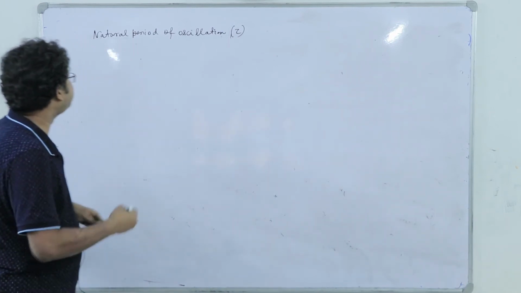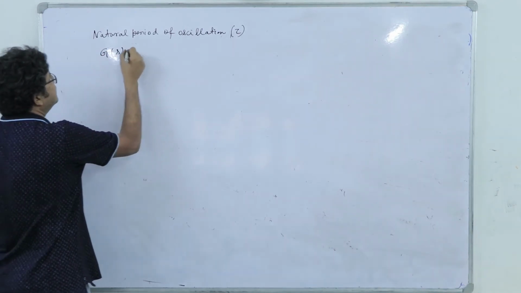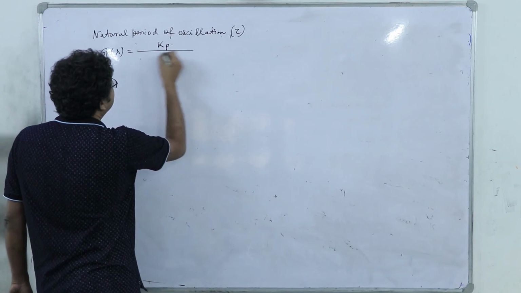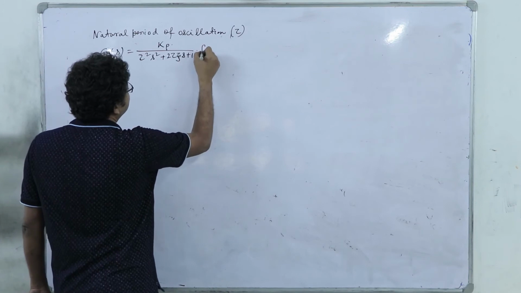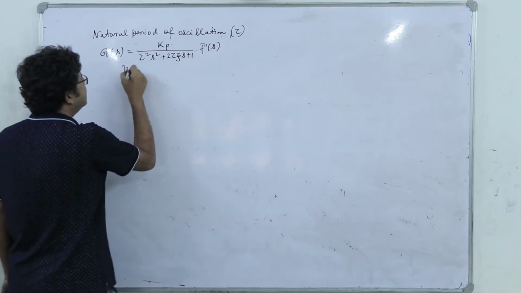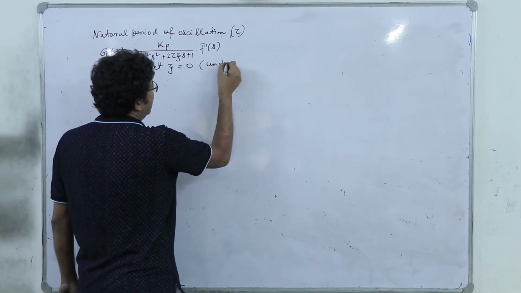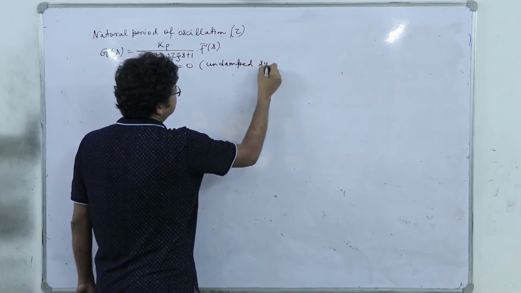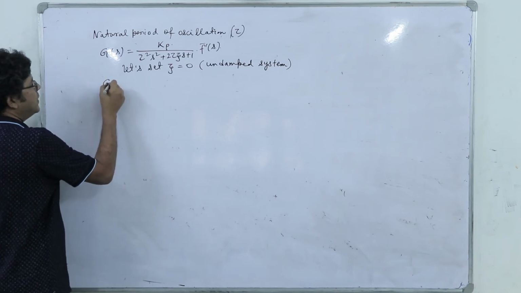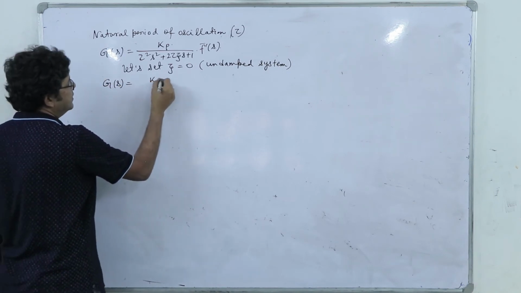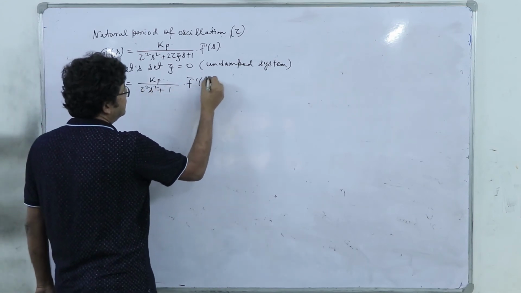So, here you see that we have the general second order transfer function G(s) as Kp divided by tau square s square plus 2 tau zeta s plus 1, into this F prime of s. Let's set zeta equal to 0. So, this is the undamped system, which corresponds to a transfer function.